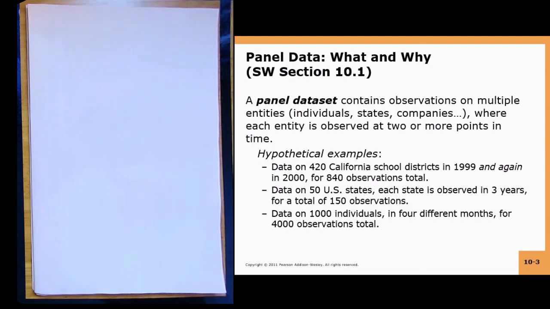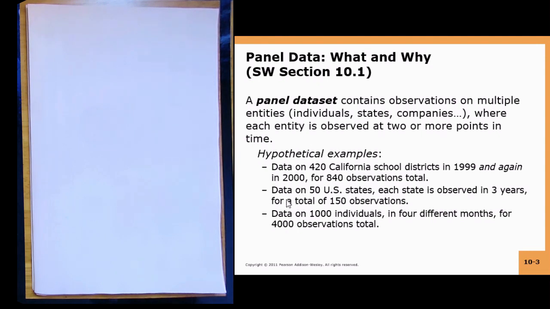So at a given point of time, what we looked at originally was the cross-sectional data, where we looked at this data across a cross-section of California school districts at a given point of time. Now, if you went back to those school districts and again measured once in 1999 and again in 2000, now you have 420 multiplied by 2, that is, you have a total of 840 observations.